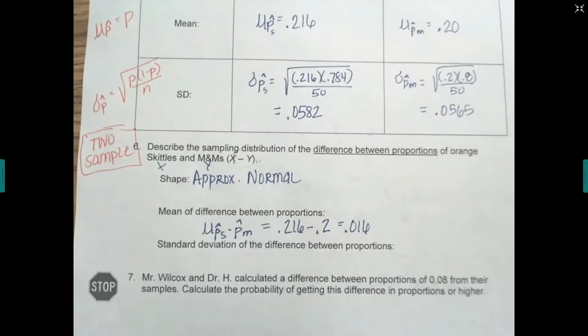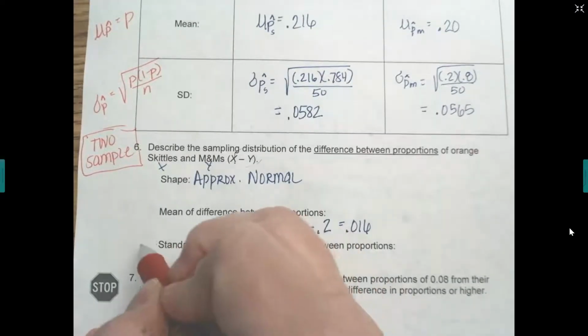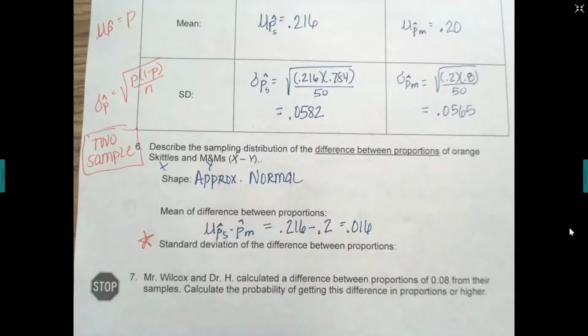All right, and then the standard deviation. Now the standard deviation, you have to remember back to when we were transforming our data. We could add and subtract to the mean when we were combining our distributions, but it didn't matter if we were adding or subtracting, we always added for our standard deviation, and we had to add the variances.